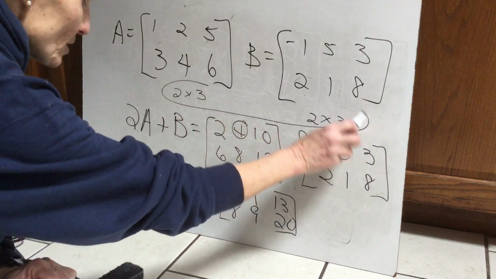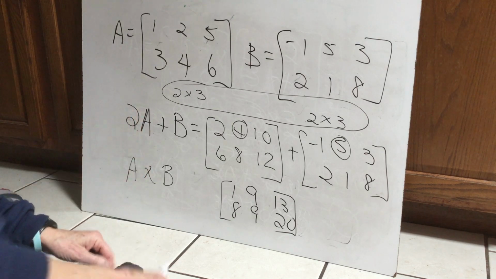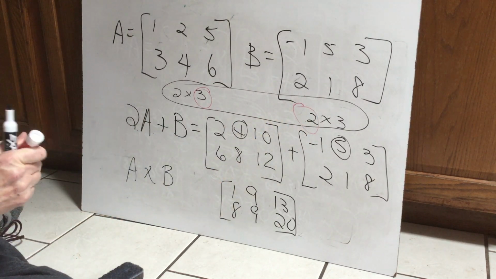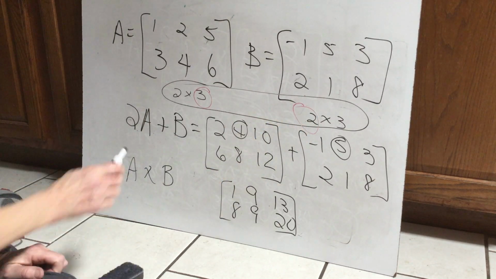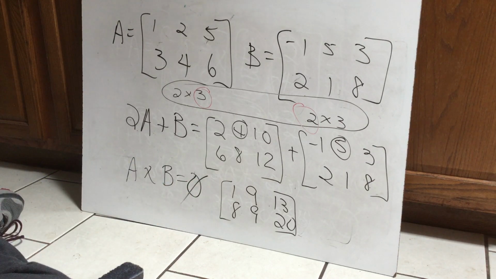Here are the dimensions of the 2 matrices. What is the rule for multiplication? In order to multiply them, these 2 have to match. They don't. So therefore, you cannot multiply these matrices. They are not able to be multiplied.